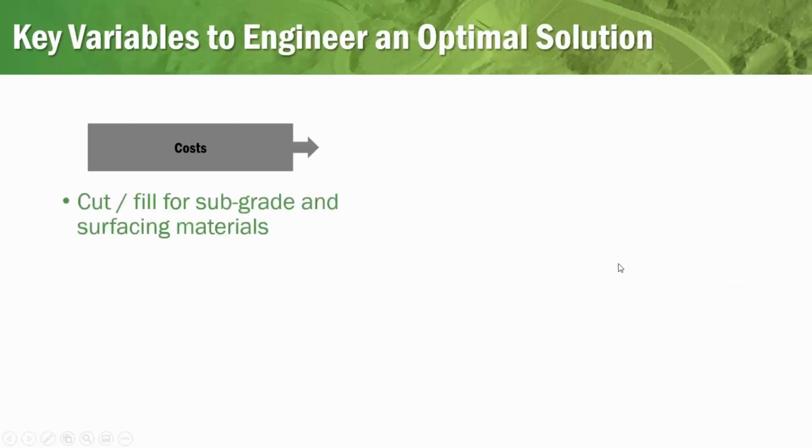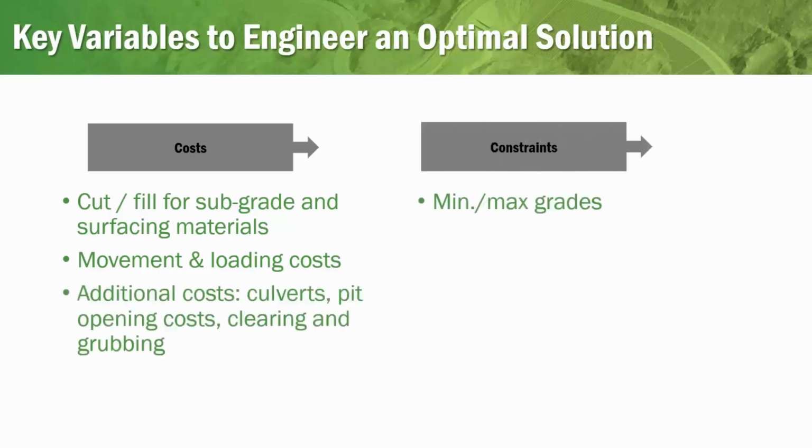There's various kinds of costs you can define. You can define cut and fill costs, movement and loading costs, and there are also costs that can be applied to pits, and so on. The culvert costs are not included in the optimizer, although you can, of course, look at those costs later.